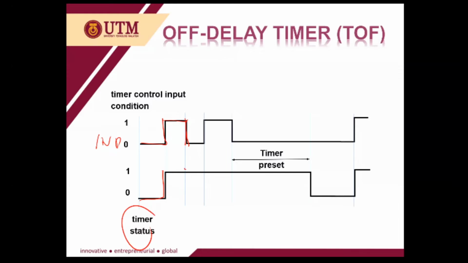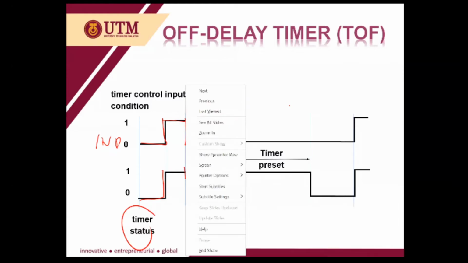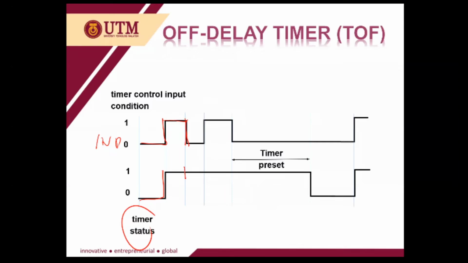Here it starts counting. 1, 2. Start counting 1, 2, 3, 4. Not even 5, you press the input again. So it will stop here. Let's stop the timer. And then it maintains high.